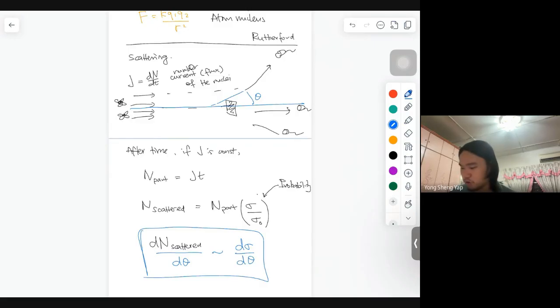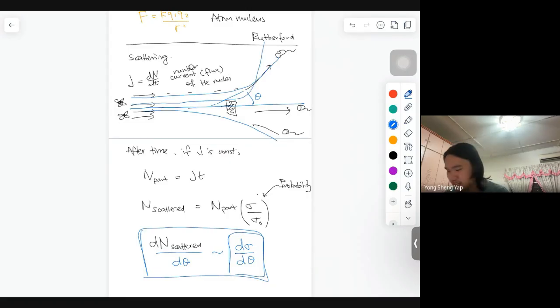As you know, if you're nearer to the target, you may get deflected more. So by understanding how much it is scattered as a function of the angle, we can understand the force that is scattering these particles. But I'm not going to say more because time is up.